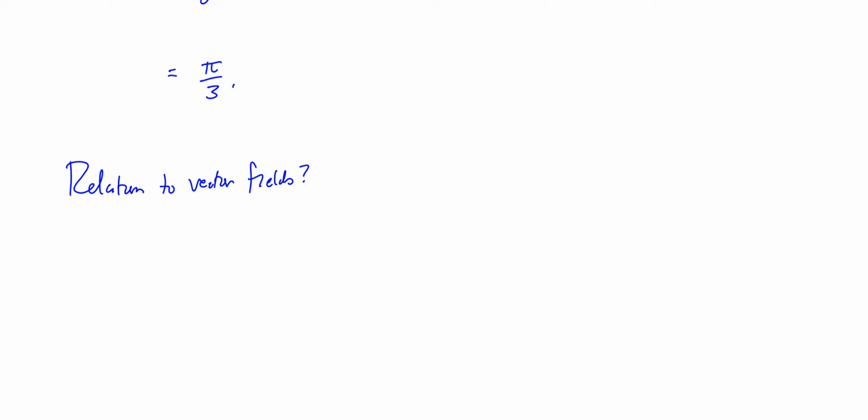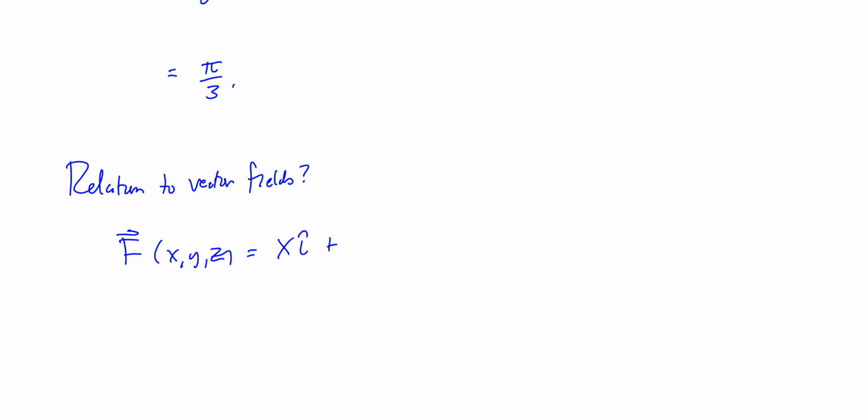Well, what we could do, if we wanted to calculate the flux, remember we looked at some vector field F of x, y, z. In the previous example, we would have written this. This would have been our vector field.